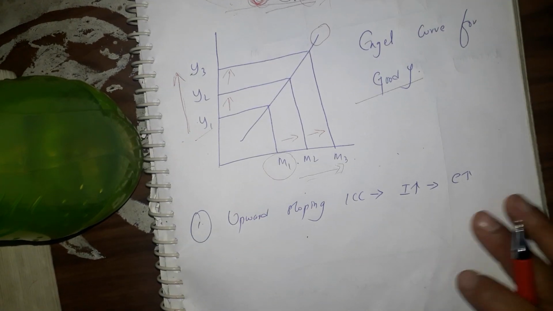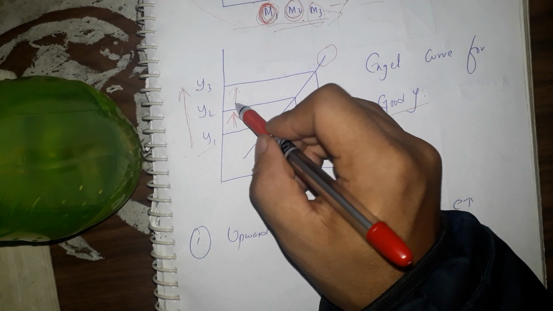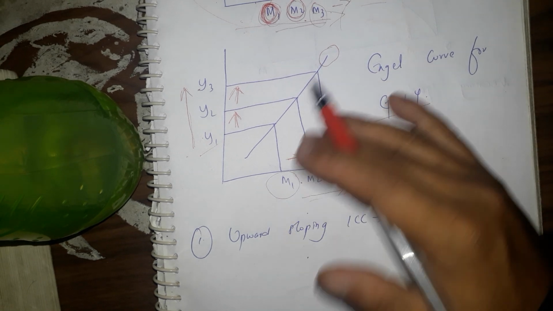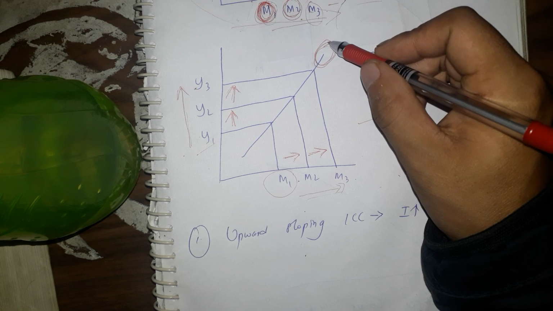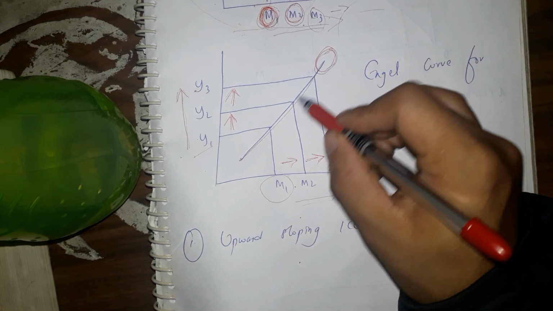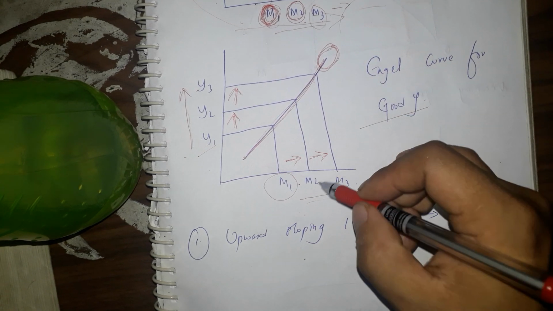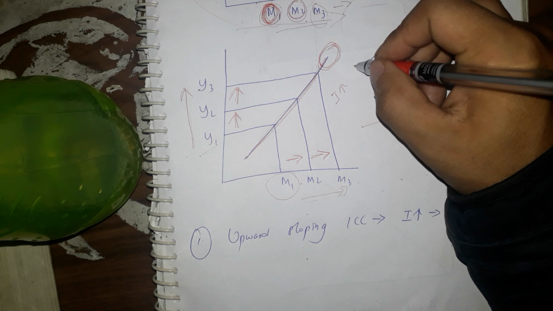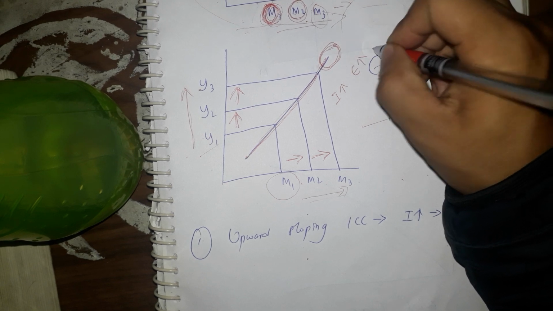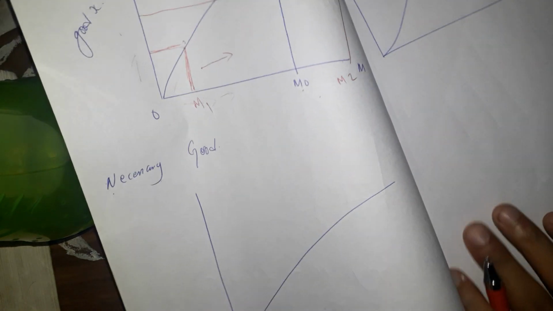Similarly for good Y, as consumer income increases, his consumption of good Y also increases. In both diagrams, you can clearly see that our Engel curve is upward sloping, which shows a positive relationship between expenditure and level of income. That is, as level of income increases, a consumer's expenditure will also increase. So this is what the Engel curve shows.